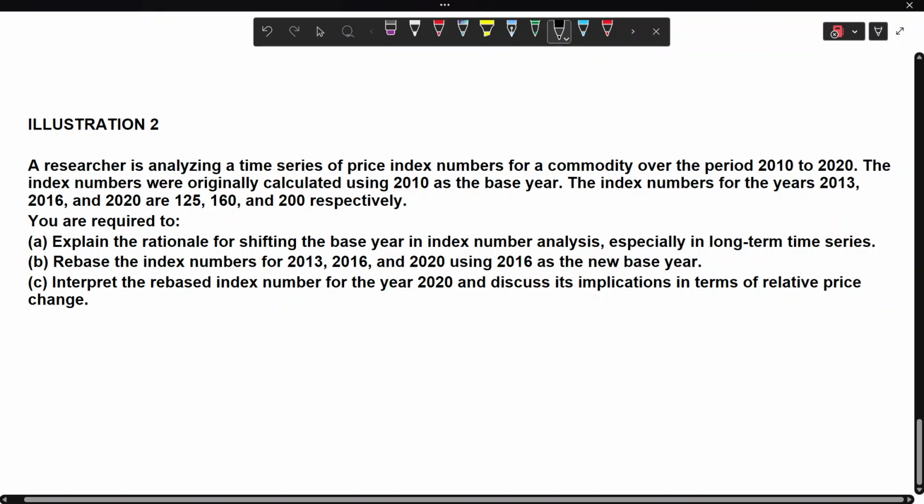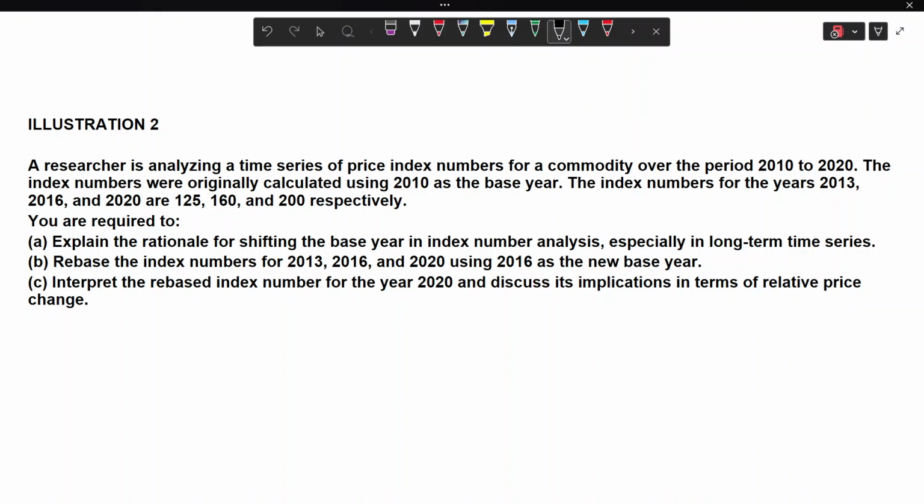A researcher is analyzing a time series of price index numbers for a commodity over the period 2010 to 2020. The index numbers were originally calculated using 2010 as the base year. The index numbers for years 2013, 2016, and 2020 are 125, 160, and 200 respectively.